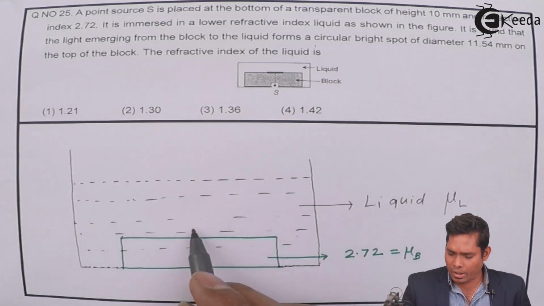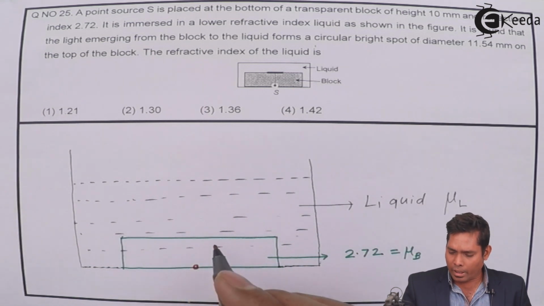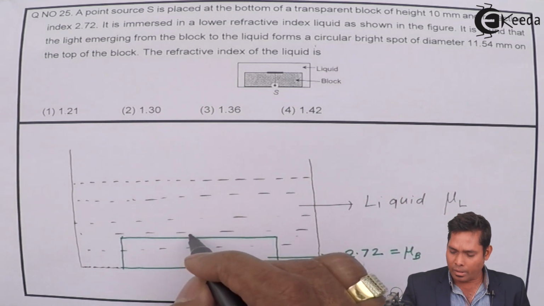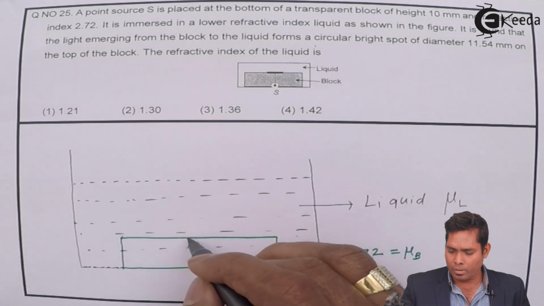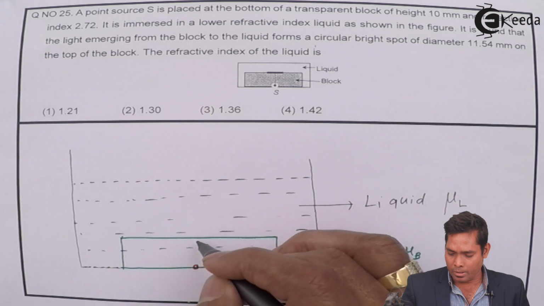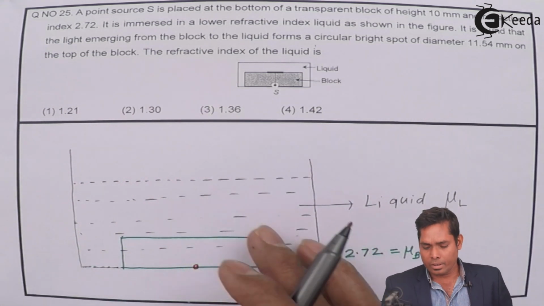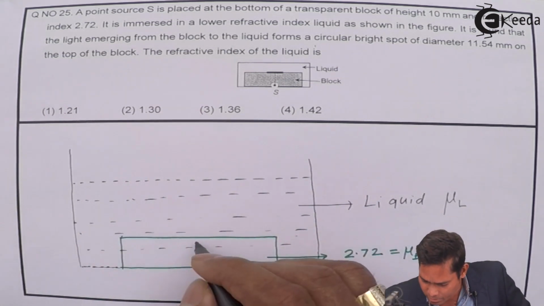Top of block means here it is forming a circular bright spot. Another bright spot, if I put some light over here, will be here. Even if the angle of incidence is greater than critical angle, you will also have a bright spot here. But we are concerned now with this one.